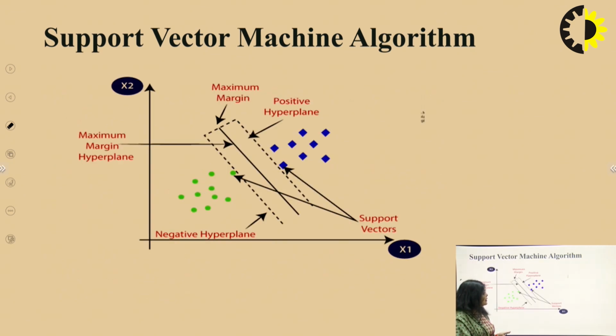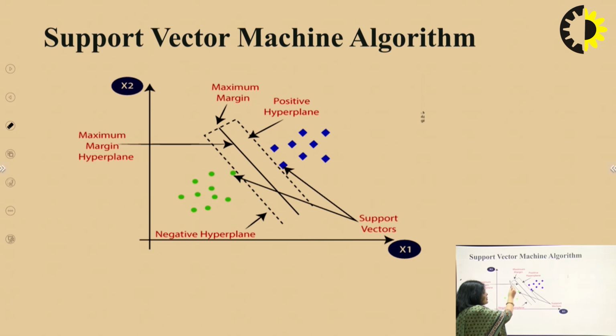In this figure, you can see that we have points belonging to two different categories. We have some green points and some violet points, and the support vectors are these. This is one support vector, and this is another support vector, and these are the closest points to the other class points, and they will be used to create the hyperplane or the decision boundary. You can see how we are finding the hyperplane.